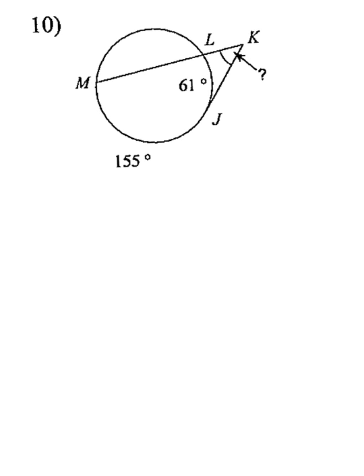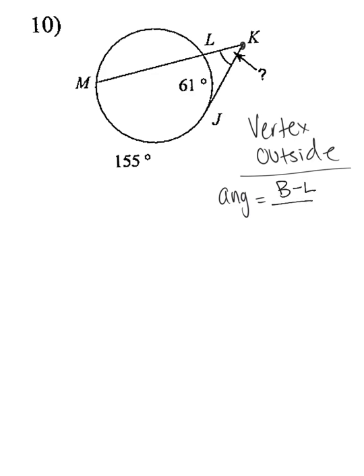For number 10, my vertex is outside of the circle. To solve for these, I know that the angle equals my big arc minus my little arc divided by 2. So here's the angle. Kind of think of it as like a flashlight beam.